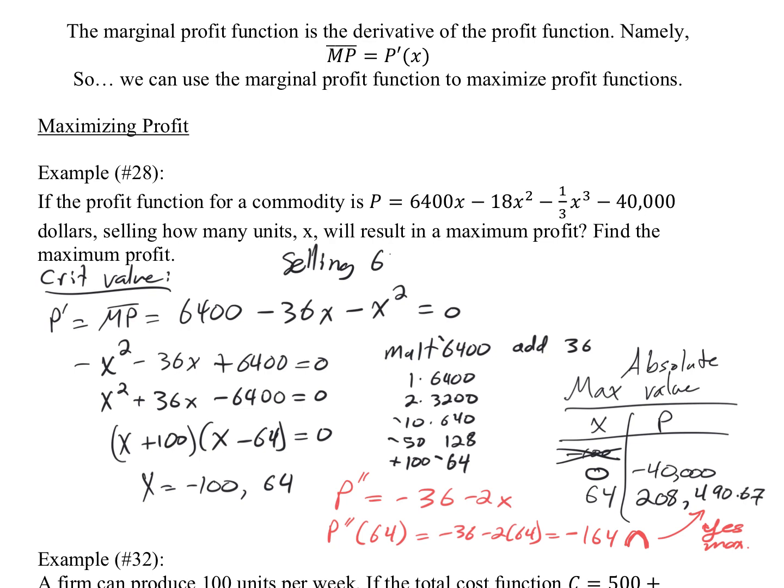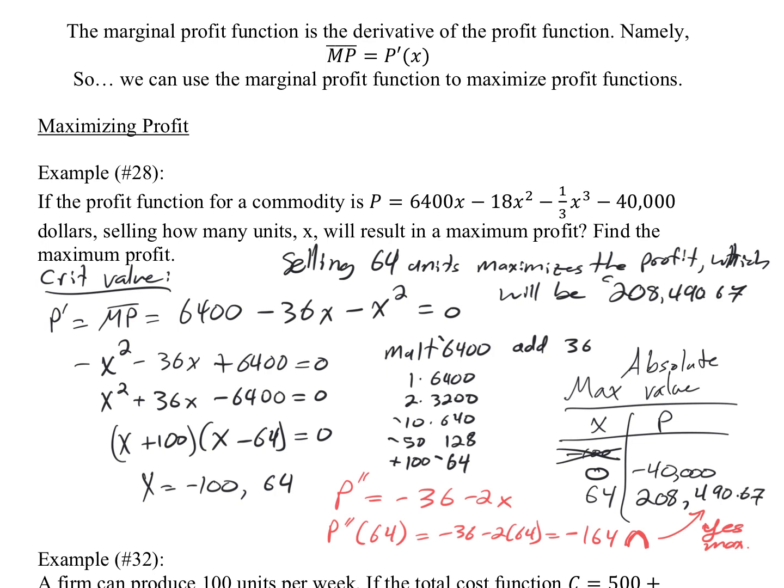Selling 64 units maximizes the profit, which will be $208,490.67. So, the final answer to this word problem is that sentence right there.